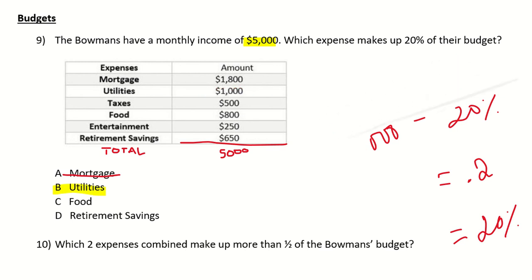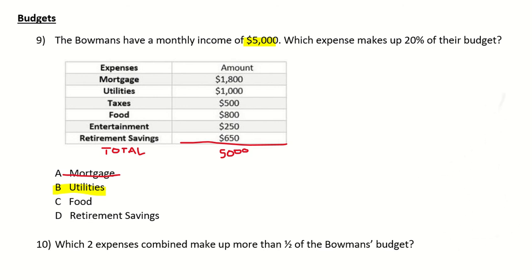All right, number 10, and I think this one can be a little bit of an observation question. We may not have to do any math. Which two expenses, meaning which two categories, combined make up more than a half? I want you to understand that the fraction half means 50%.